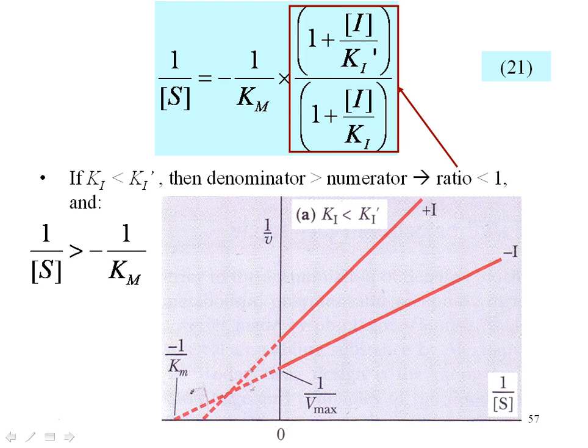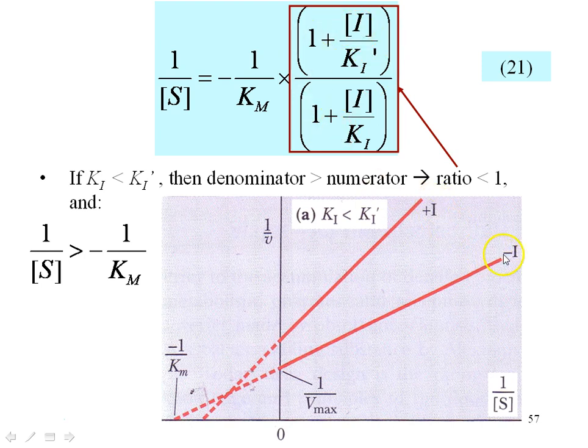So in this first case, if Ki is lower than Ki prime, it means that the inhibitor has a higher affinity to the free enzyme than its affinity to the enzyme substrate complex. In this case, the denominator of this box here, that alpha, will be greater than the numerator, and in this case, that ratio will be smaller than 1.